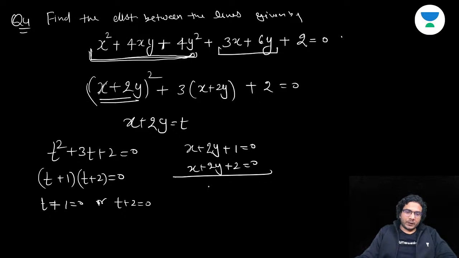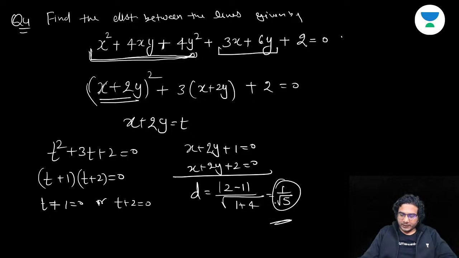Now you can see this C1 minus C2. So distance is C1 minus C2 upon under root of a square plus b square, so 1 plus 4. So that is 1 by root 5. Alright. Got it?